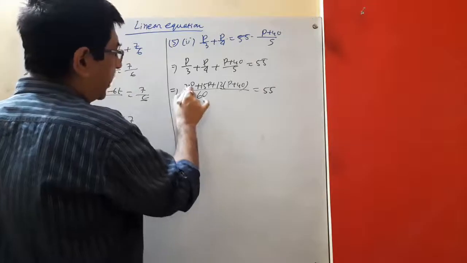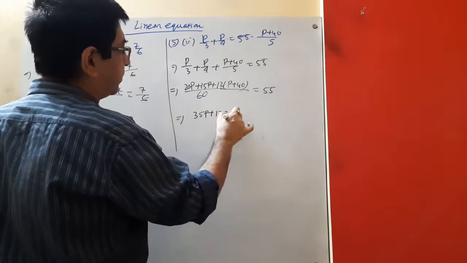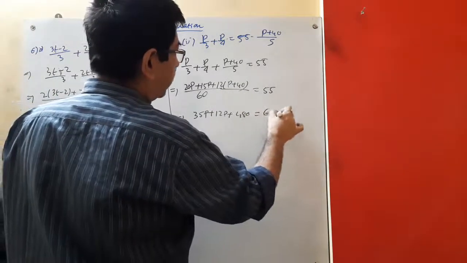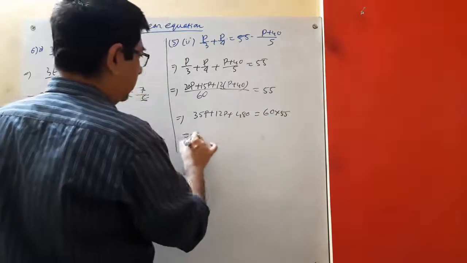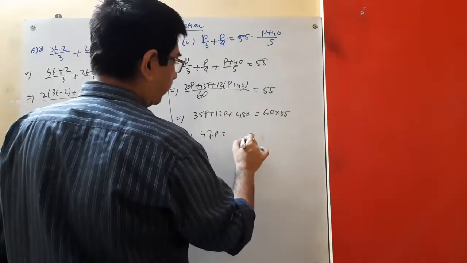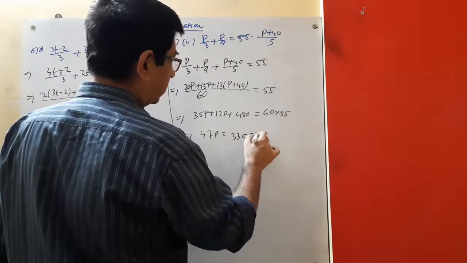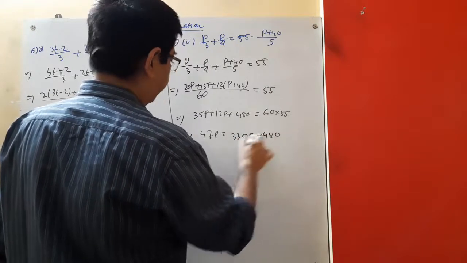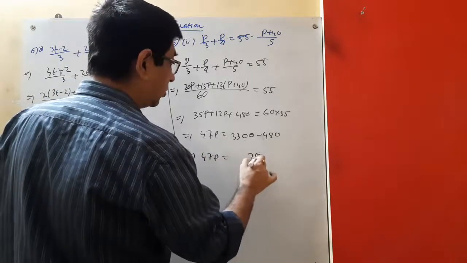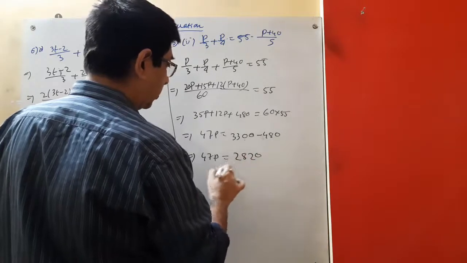So what we are getting: 20p plus 15p is 35p, right? Plus 12p plus 480, right? Equal to 60 into 55. 47p equal to 3300 minus 480, 47p equal to 2820, right?